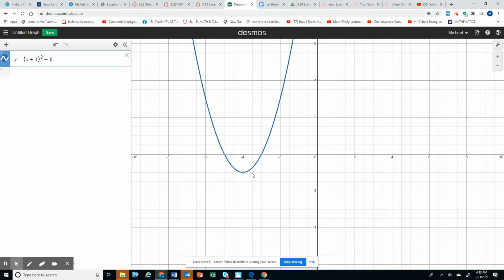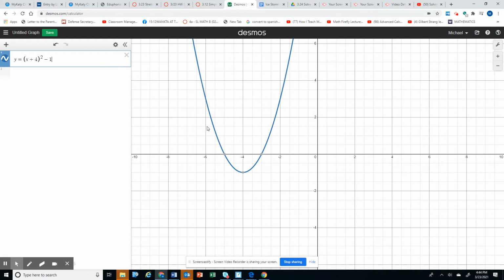Right? That's the lowest point of the graph. And so there are no y values below it. All the y values are above. So therefore, the range is going to be y is greater than or equal to -1. Okay. And I'm going to write this on the board in a second.